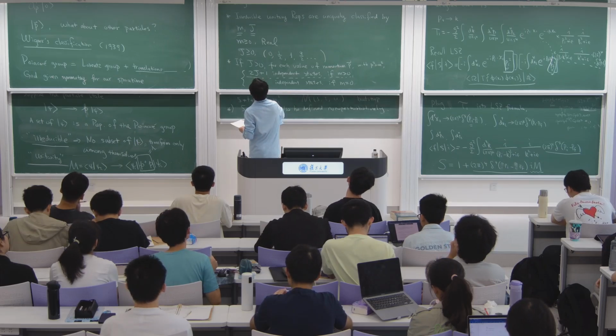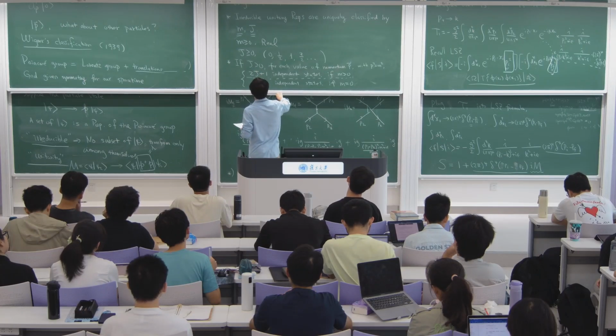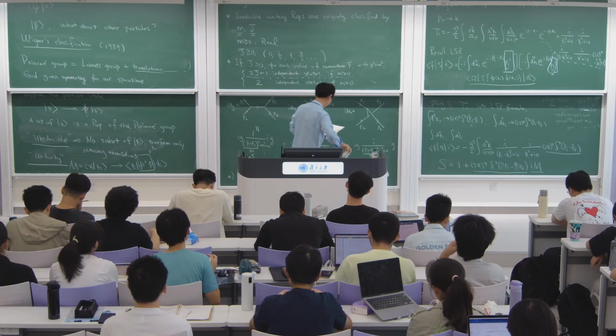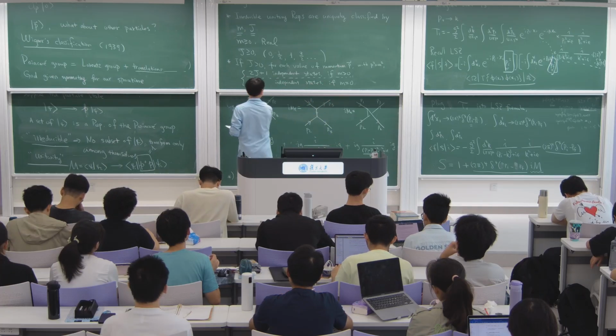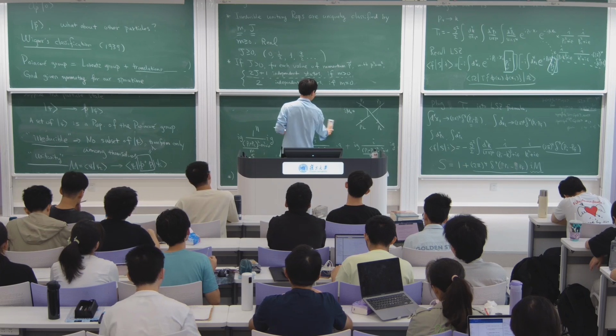Now, for sure, this condition is only for positive J. You can further ask what happens for J equals 0. J equals 0 is the case we are very familiar with. What is that?